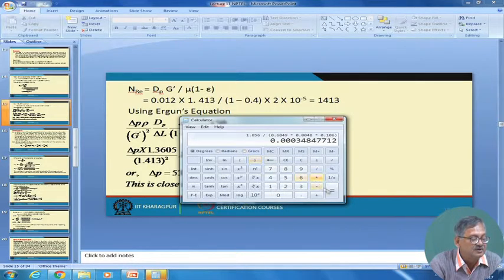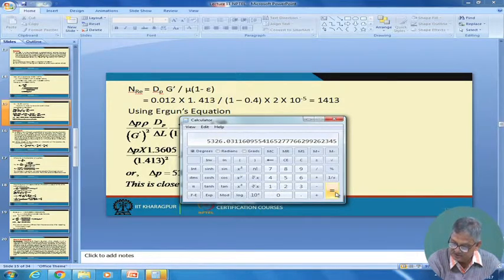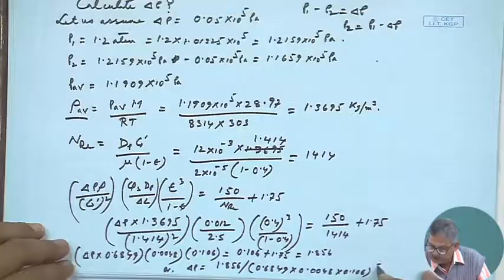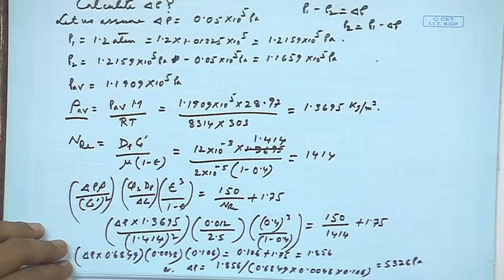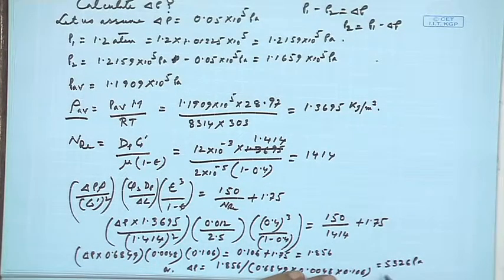So this becomes equal to 5326, right? Is equals to 5326 Pascal.